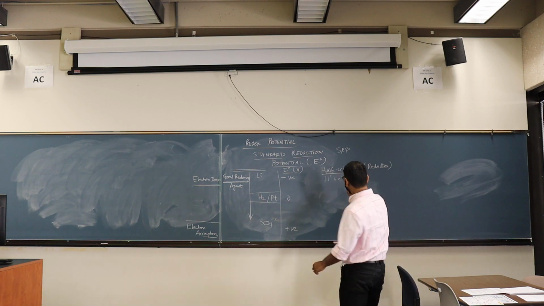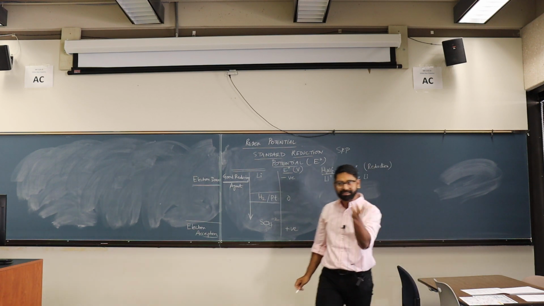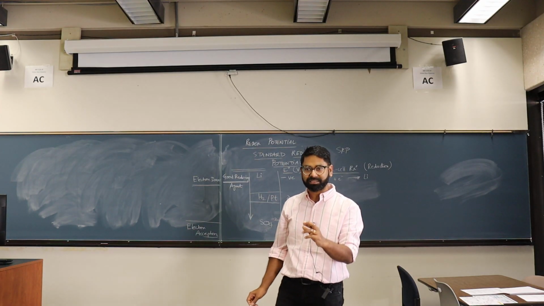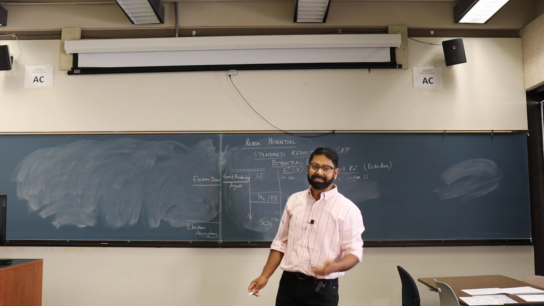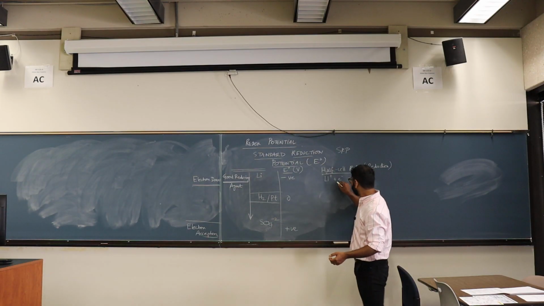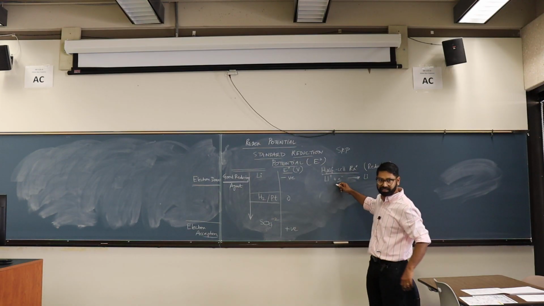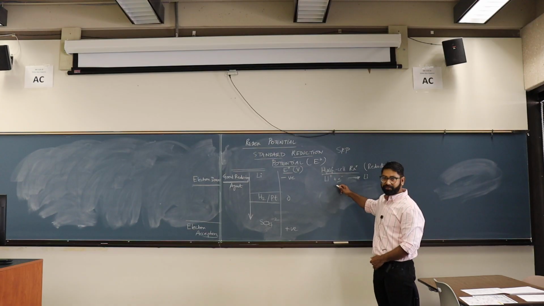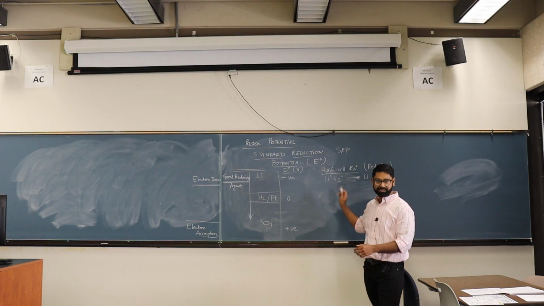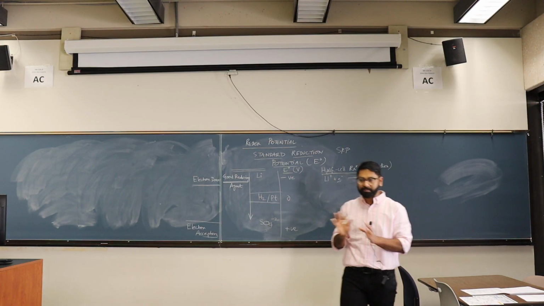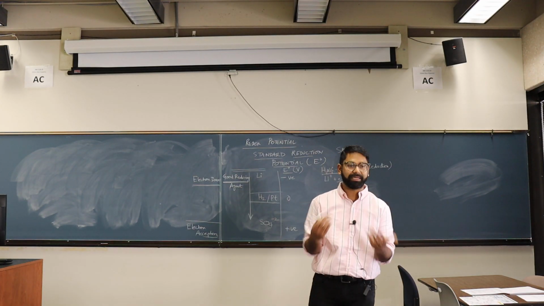Can you have a reaction that is only reduction or oxidation? You cannot, because you cannot have free electrons floating. So there is a counter reaction to this. There should be a source of this electron. We are not talking about the source of the electron yet. This is a mathematical way of representation.